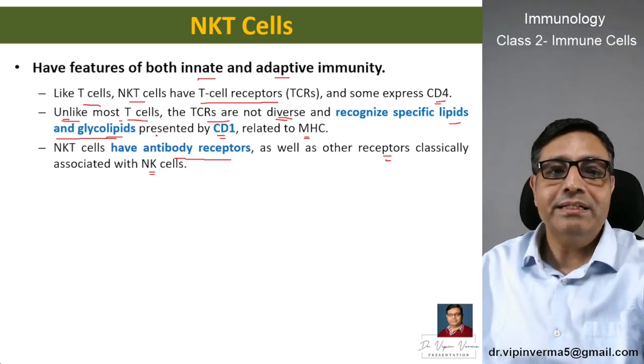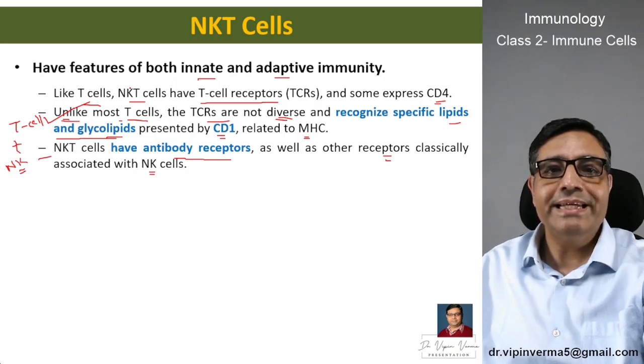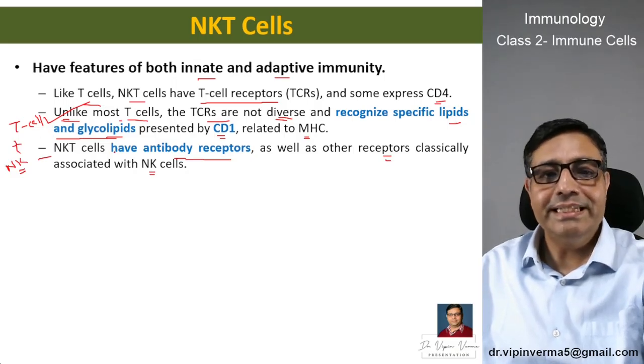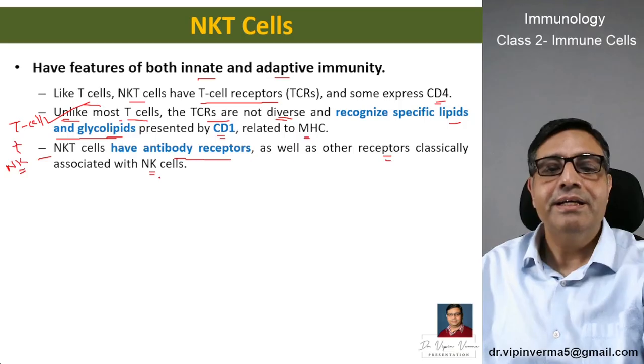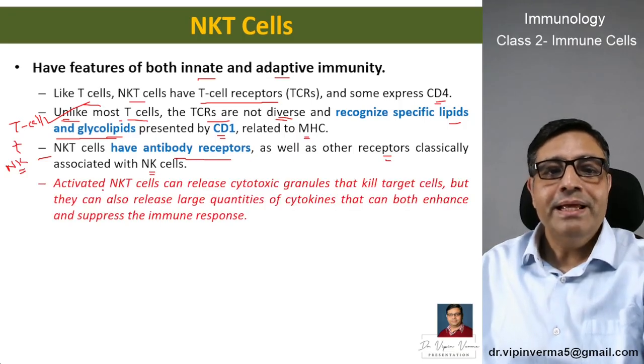So this one point is giving a T cell like feature, and this is giving the natural killer cell like feature. If we combine these, we make the NKT cell, natural killer T cells. So they have the antibody receptors as well as other receptors which are classically associated with the natural killer cells.